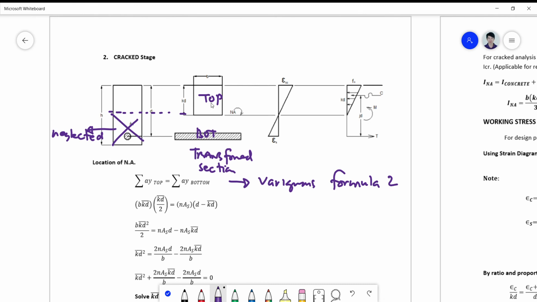So what's your area at the top? It's bkd. What's the distance to the centroid there? It's 1/2 of kd. And this is nAs. Remember there's no longer n minus 1 there because there's no concrete here. So nAs times, if this is your d, this must be d minus kd.